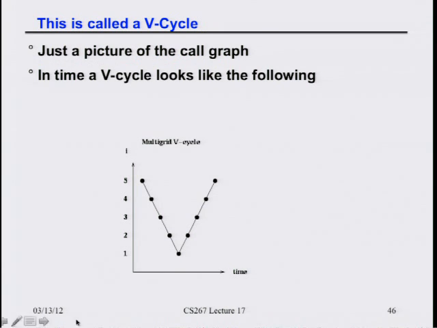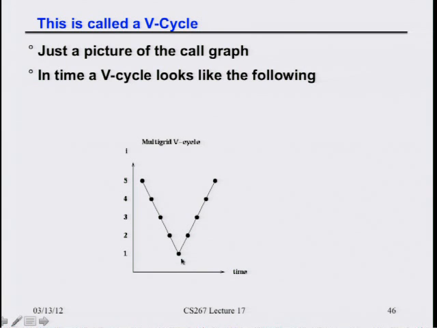The horizontal axis is time. The algorithm executes, marching from left to right. And this is the level of the grid. So 5 is the finest grid, 1 is the coarsest grid. I start by calling the algorithm on the finest grid, problem 5. It calls itself recursively on problem 4 to solve the coarse grid. Problem 4 calls itself recursively on problem 3. 3 calls 2. 2 calls 1.